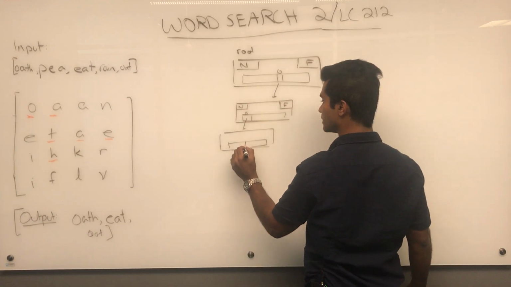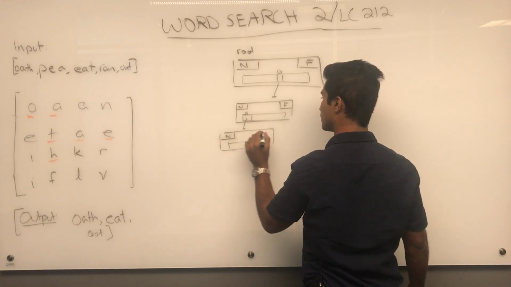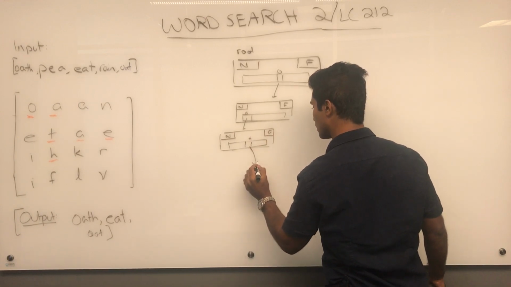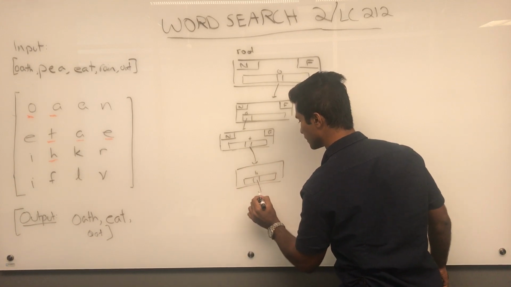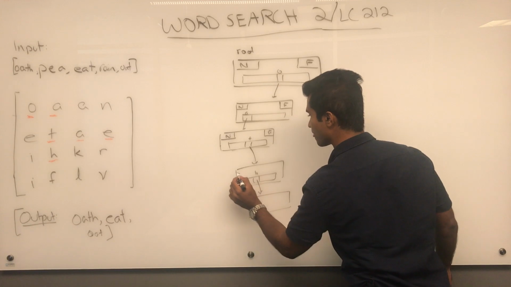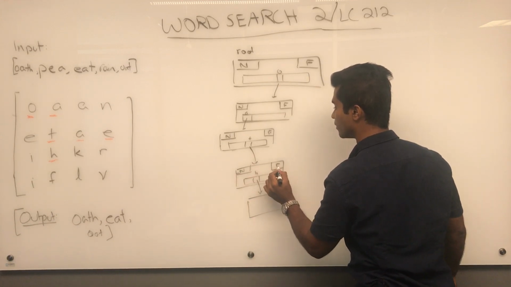O, A, T, H, this is N for null, and this is F for false.